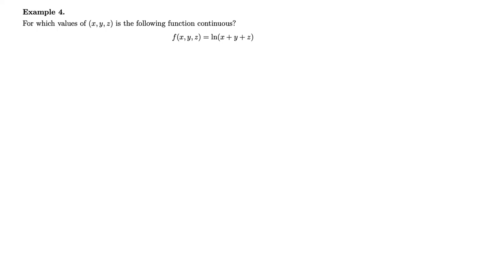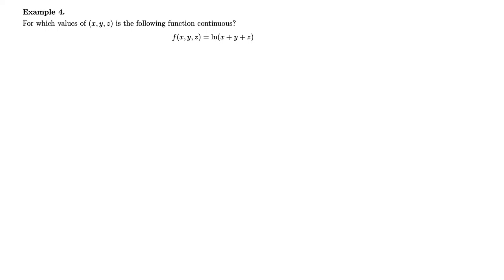All right, so again, we just want to find the set of points (x, y, z) for which this function is continuous. And the interesting thing here is that our region where this function is going to be continuous is actually in three-dimensional space. For a function of two variables, it's just going to be in the plane, or two-dimensional space.